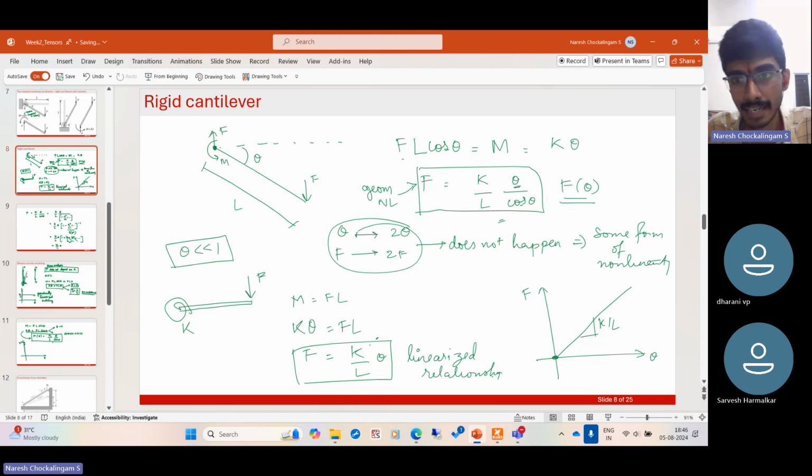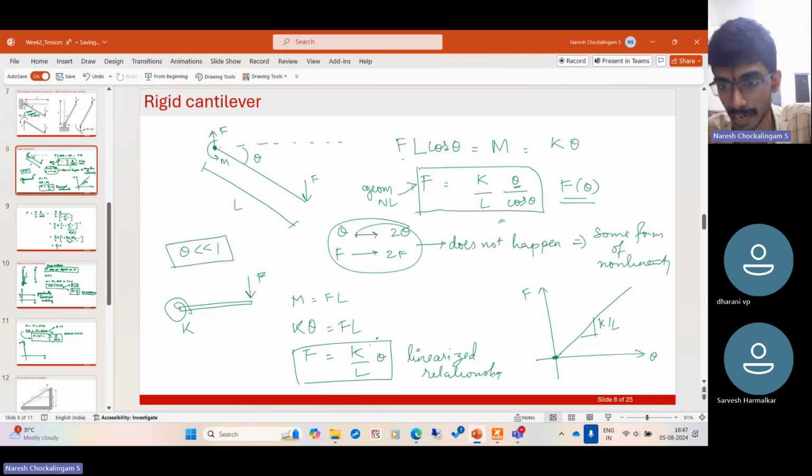Now, when you have theta by cos theta, if you have to guess the shape, k by L theta is something like this. Cos theta in the first quadrant decreases with increasing theta. Therefore, 1 by cos theta increases with increasing theta. So k by L theta is magnified by another factor 1 by cos theta.